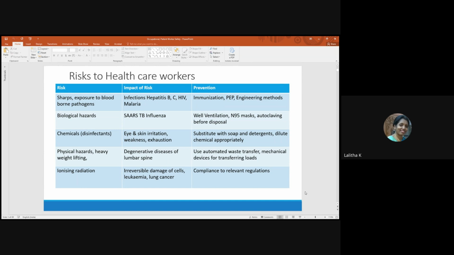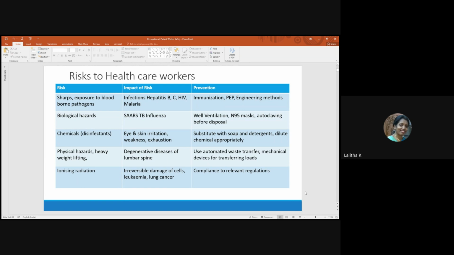Biological hazards arise directly from airborne or respiratory infections like SARS, TB, influenza, COVID, etc. So what is the prevention? Again, masks, good ventilation, autoclaving before disposal, especially of the materials you use, and you can also use isolation wards to prevent these kinds of infections.